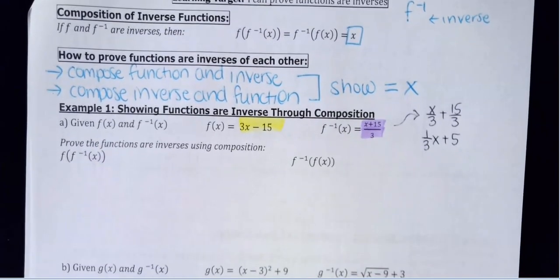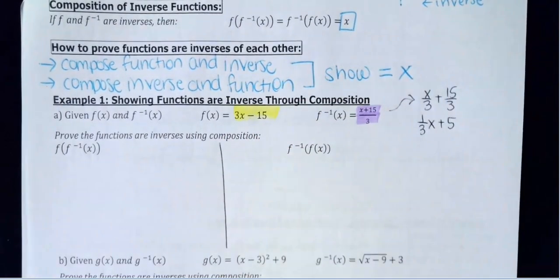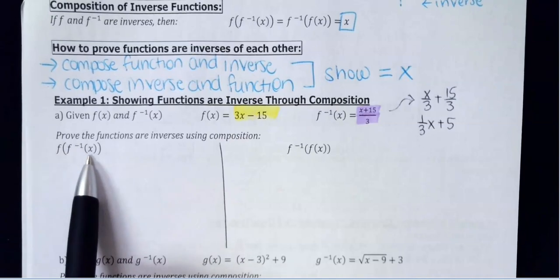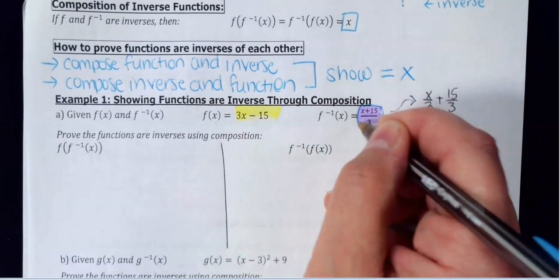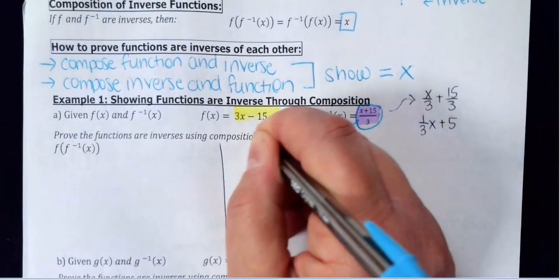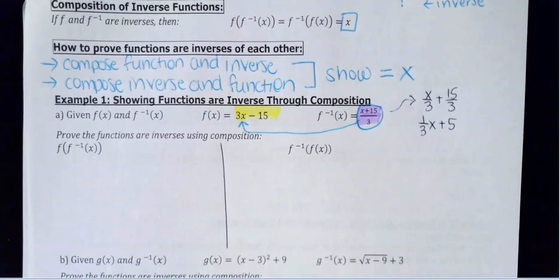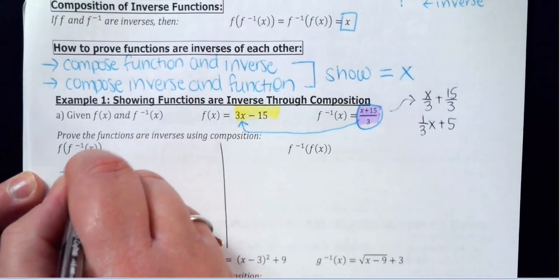Okay, now if you compose, and we're just going to do both, so I'll draw a line down the middle here. This one says put the inverse into the function. The inverse is this guy right here. Everywhere I see an x in the original function, which is just 3x minus 15, I'm going to replace it with that lovely fraction. It looks bad, but it's no big deal.